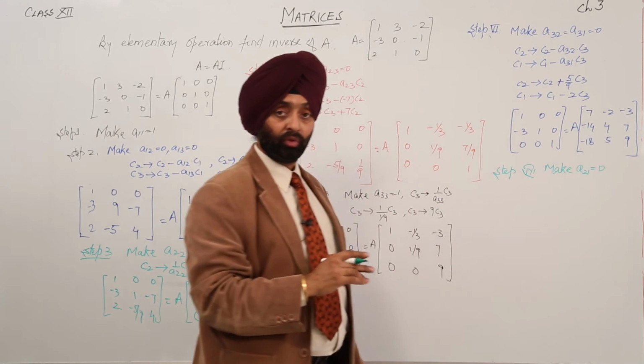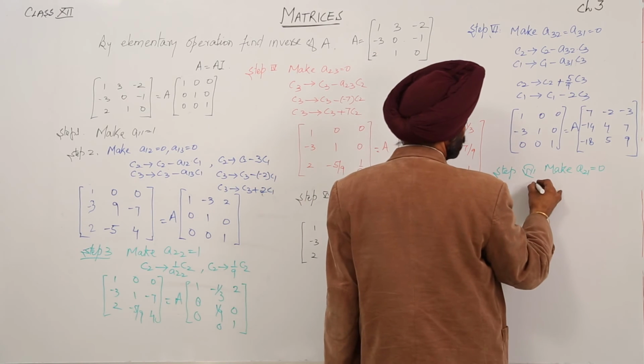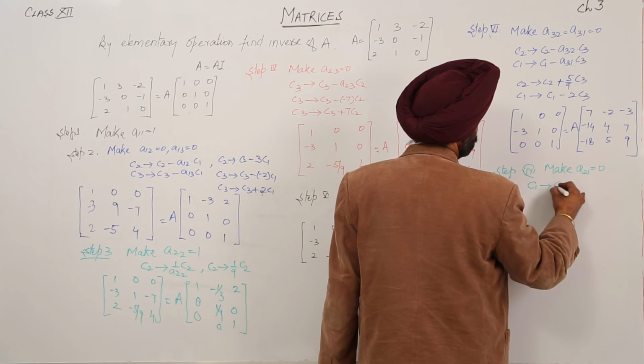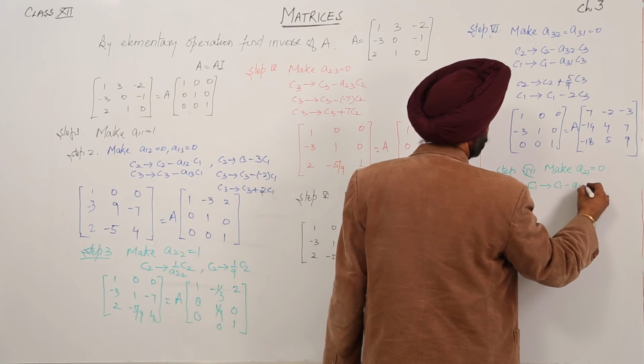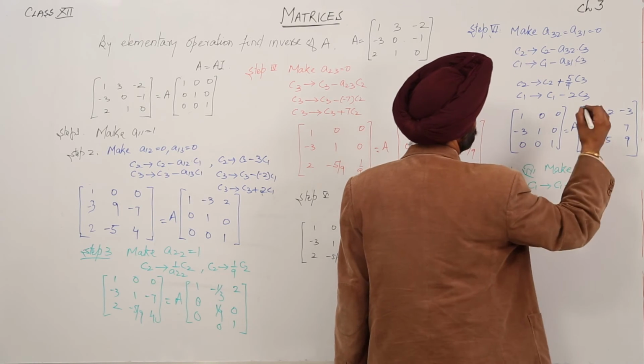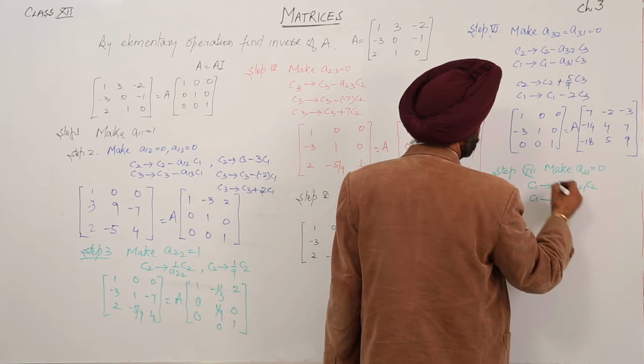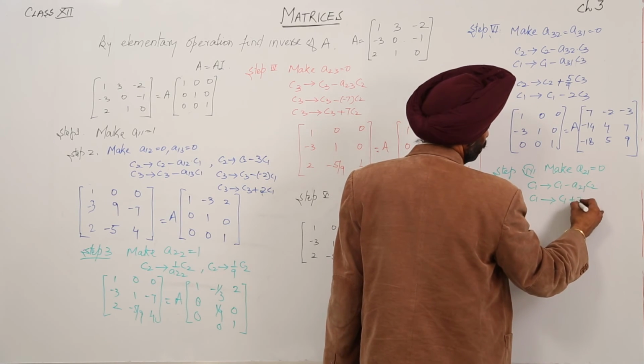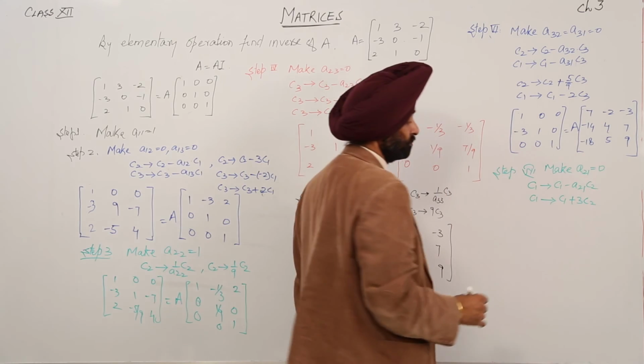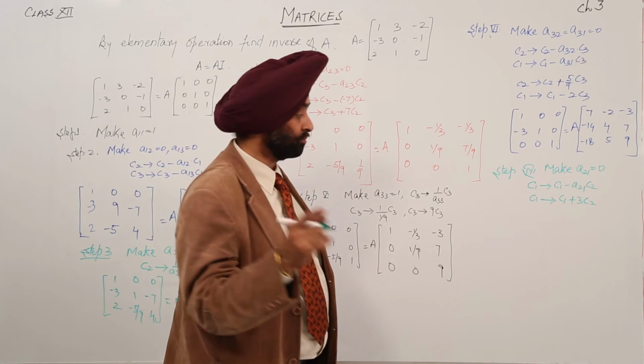This is the last thing which is left. So C1 approaches C1 minus A21 with C2. So C1 approaches C1 minus 3 with C2. Minus 3 is positive.